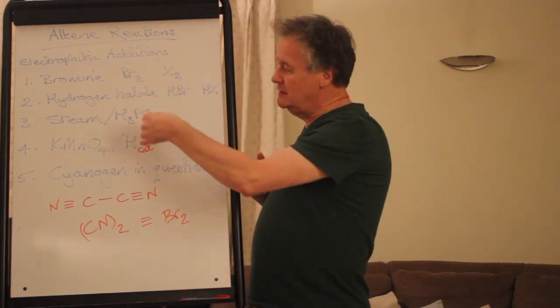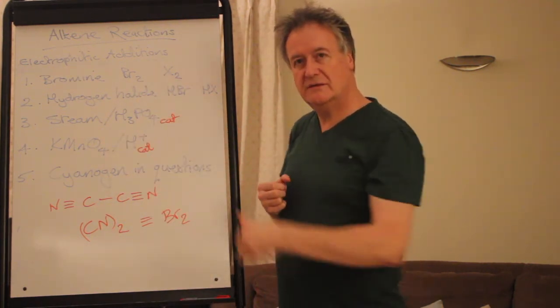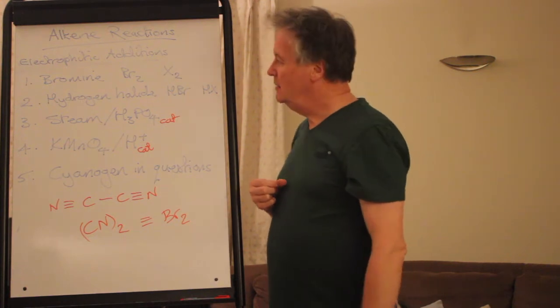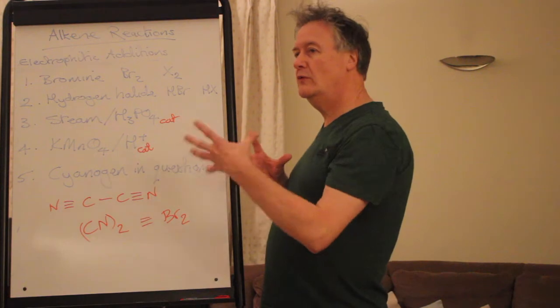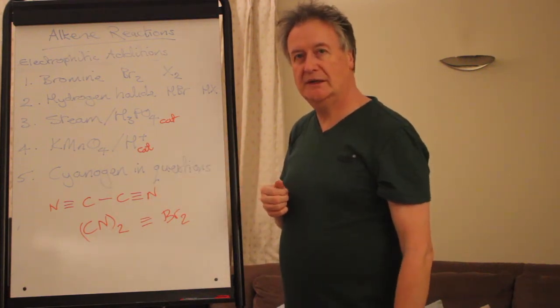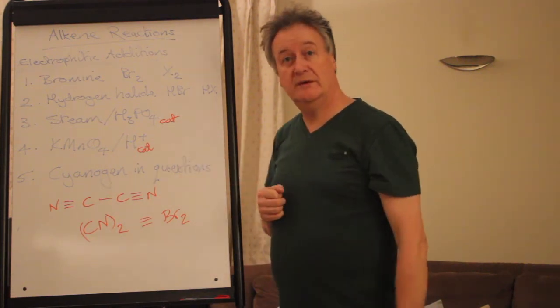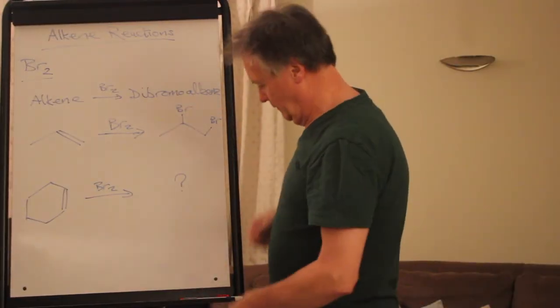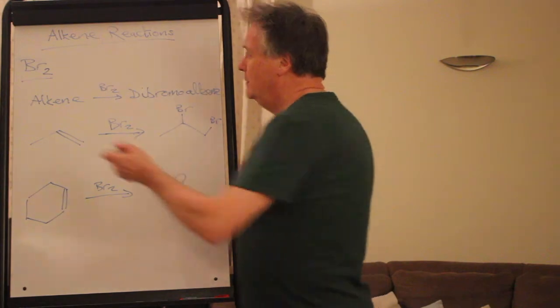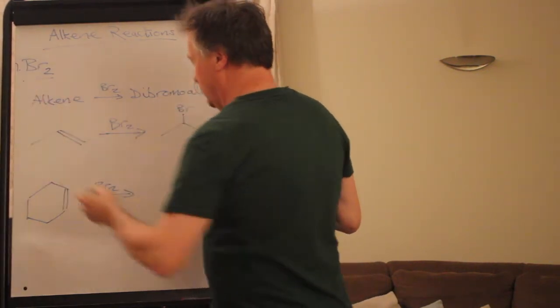So we're going to take each one of these in turn in the following parts of the video, just to get you to understand what will happen to an alkene in each of these places. So I'll see you in a moment. So going through them in order, bromine first, bromine being number 1. I should have put a 1 next to it, there we go.